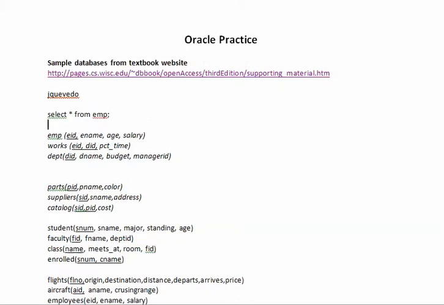This statement is going to list all the attributes from your table emp in your account. But if you want to see my table, what you need to say is select star from jQuery dot emp. So here it is saying that it's located in that account, and this is the name of the table. So it's not looking at your table.